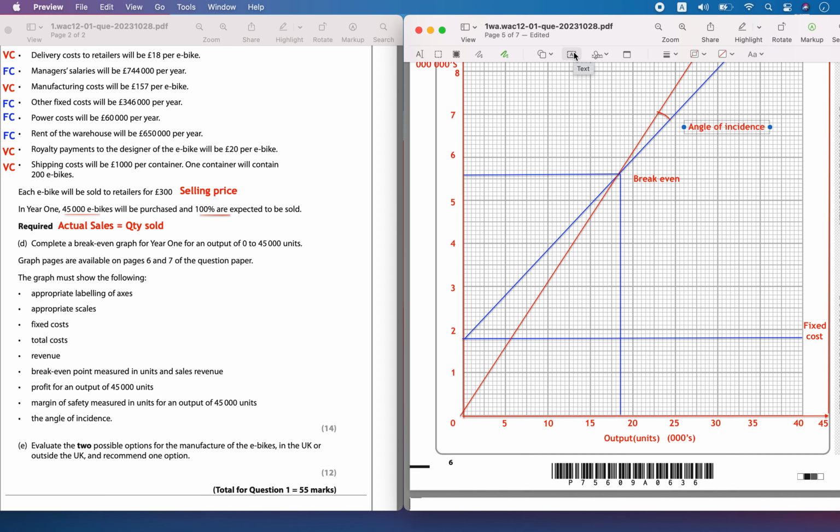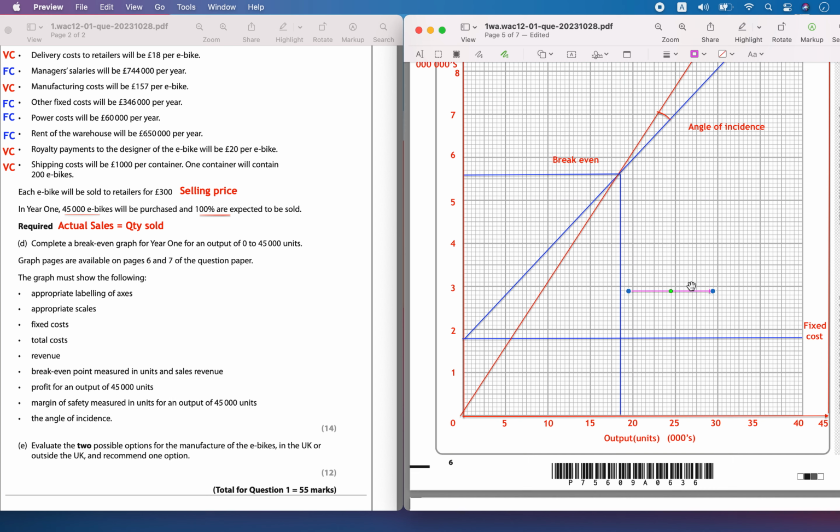Then you have to also indicate the margin of safety. The margin of safety is anything above this point. From the break even you draw a line. From 45,000 units till it falls to 18,000, this represents the margin of safety.